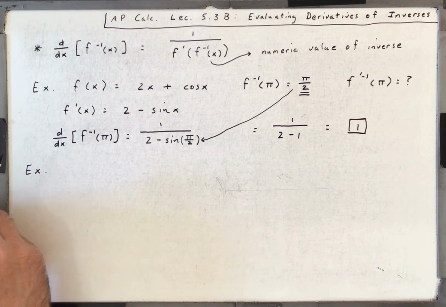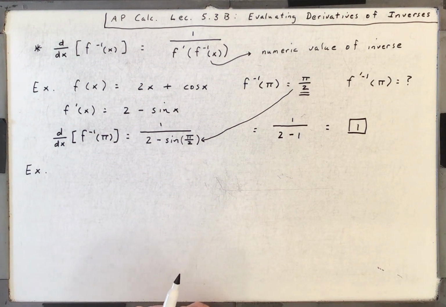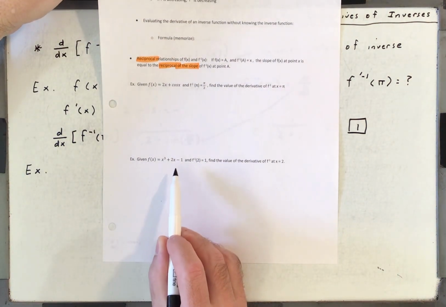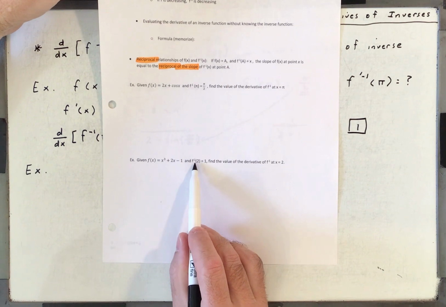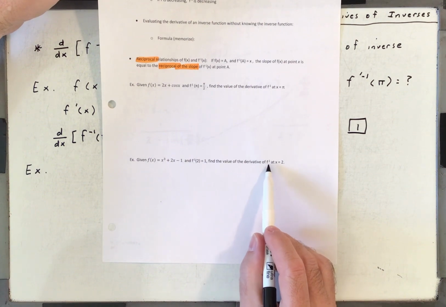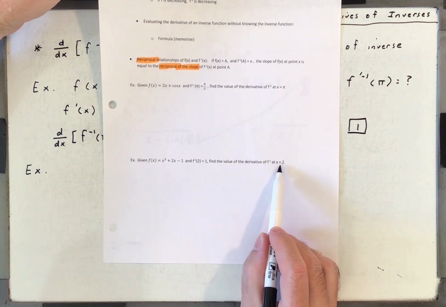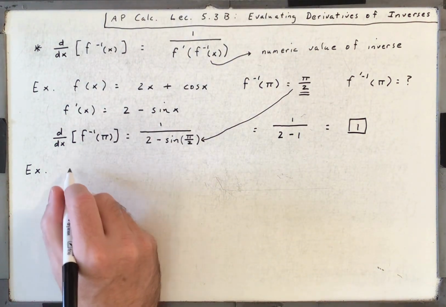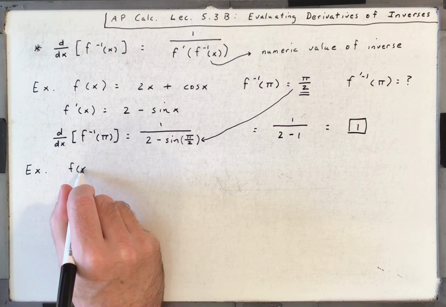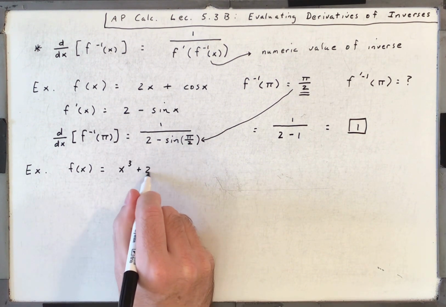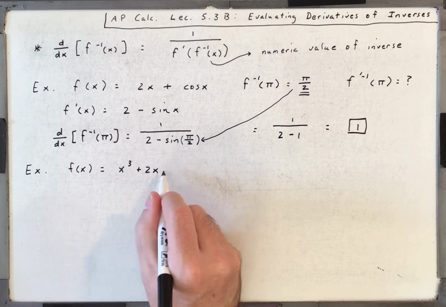Okay, let's do the next example. So the next example says, given f of x is x cubed plus 2x minus 1, and the inverse value at 2 is 1, find the derivative of the inverse, the value of the derivative, at x equals 2. Okay, so let's write what we know again. F of x is equal to x cubed plus 2x minus 1.